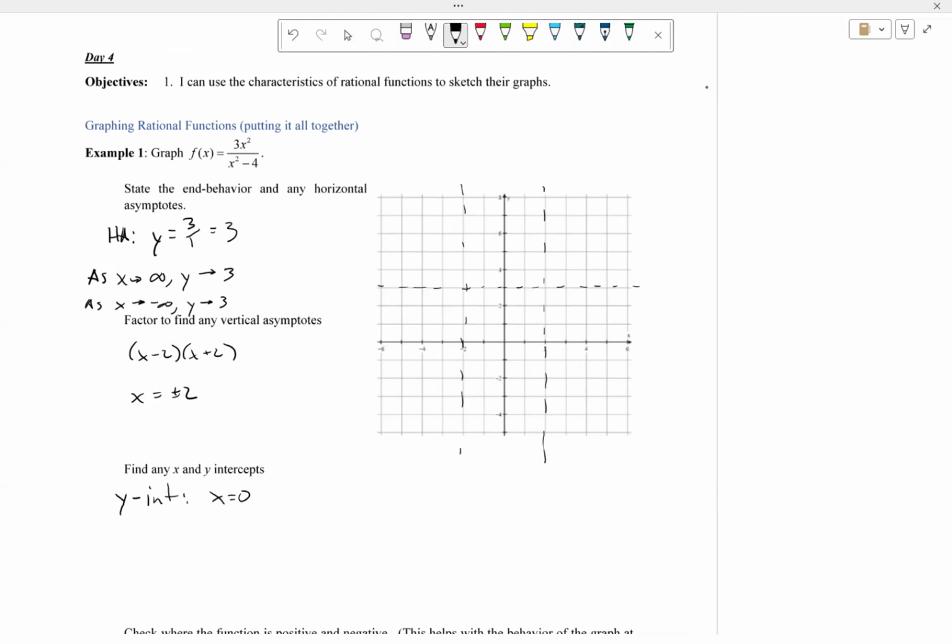I think x equals 0, so y equals 3 times 0 squared over 0 squared minus 4, which is equal to 0 over negative 4, which is 0. And since our y-intercept is 0, I think that the x-intercept will also be 0. Any questions?